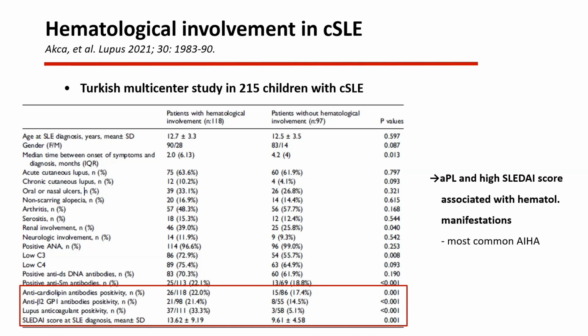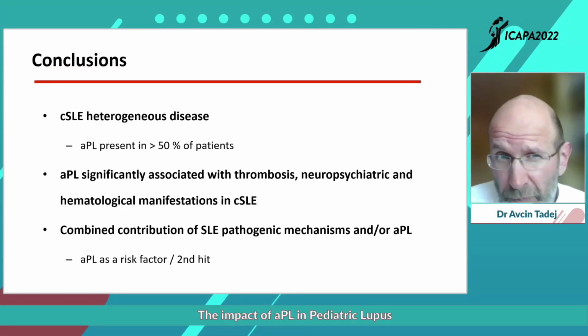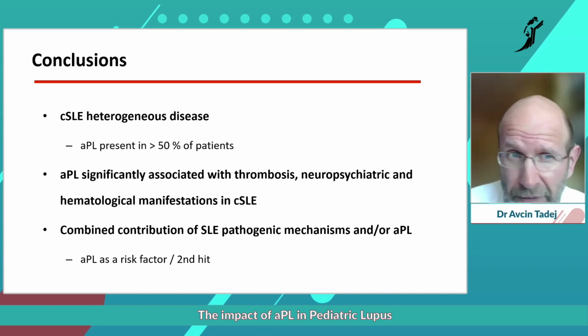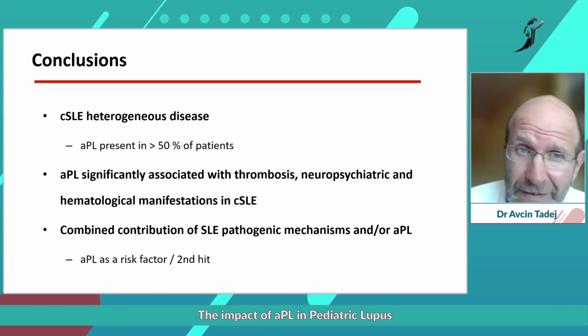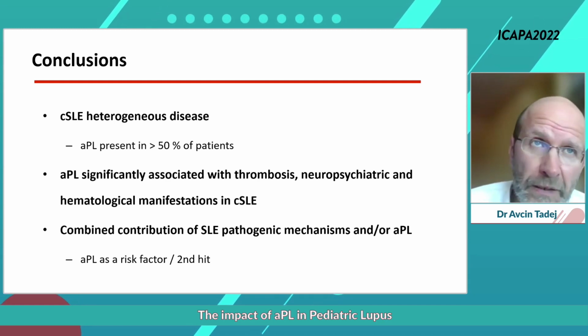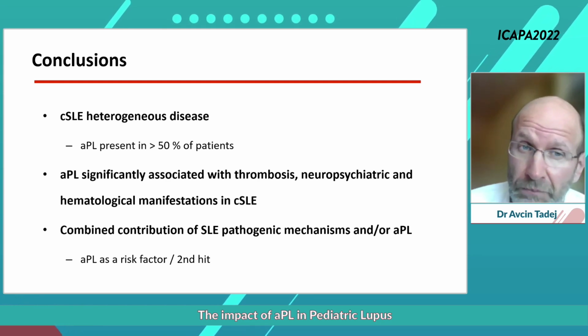So to conclude my presentation of the impact of antiphospholipid antibodies in childhood onset SLE, I initially presented that SLE is a very heterogeneous disease, and in children it is a severe, aggressive disease. Probably a lot of children have some underlying monogenic defect.